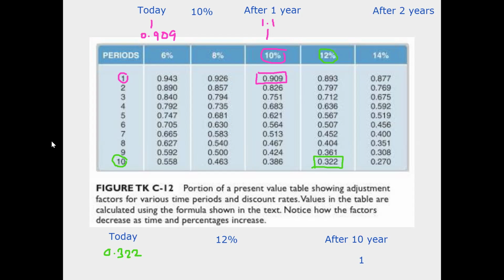Now you should read the table. We said 6 years with the 8% interest rate. That is 0.630 to get 1. I hope that part is clear to you. That's how you read net present value tables.